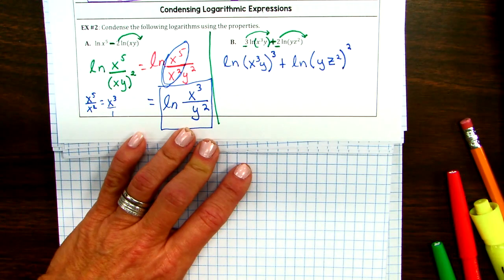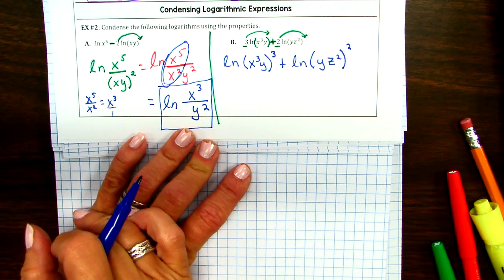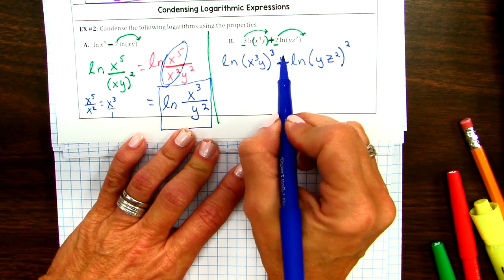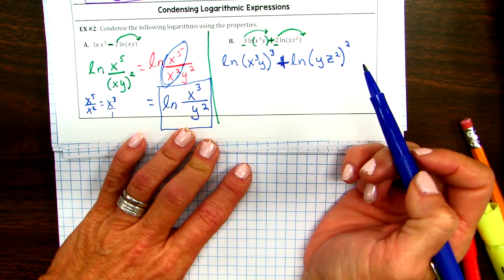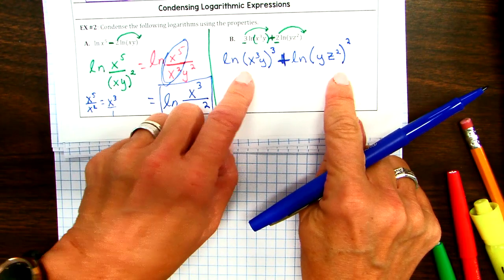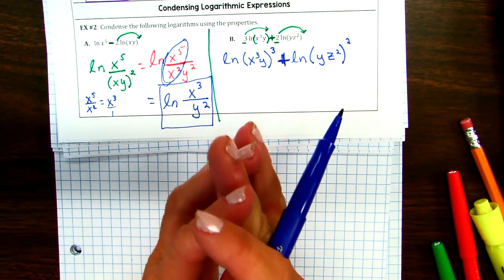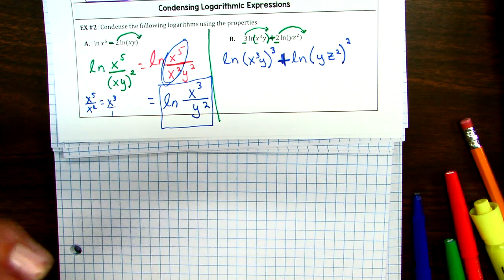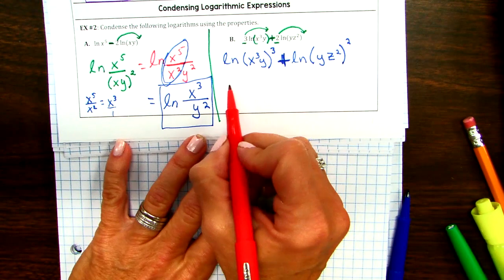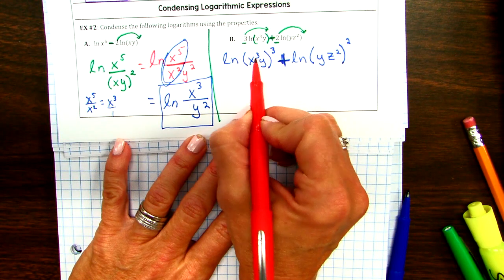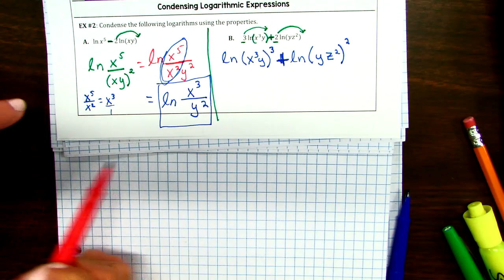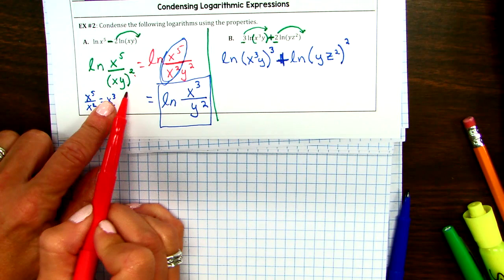So I just did the power property. Plus is going to become multiplication. And if you look ahead, there's some like terms in here. So when this becomes 1, we're going to be able to multiply. I hope you guys are okay with me kind of combining 2 steps here. I'm going to go ahead and apply the 3 to everybody, just like here, I applied the 2 to everybody.